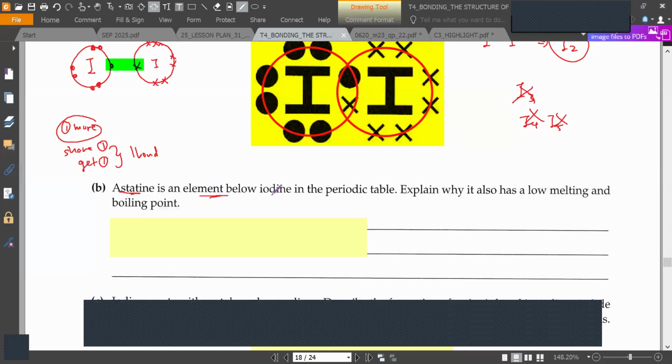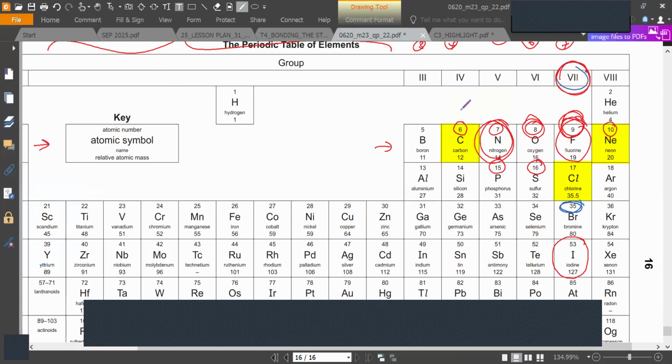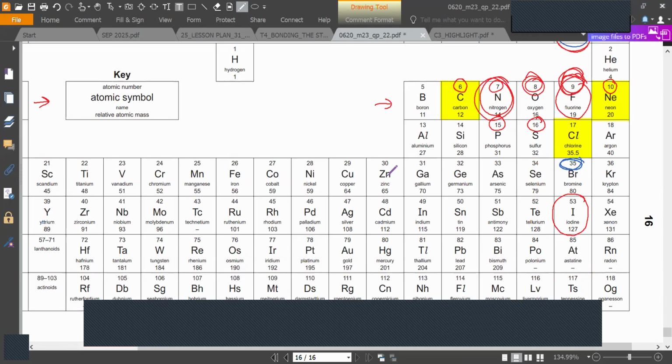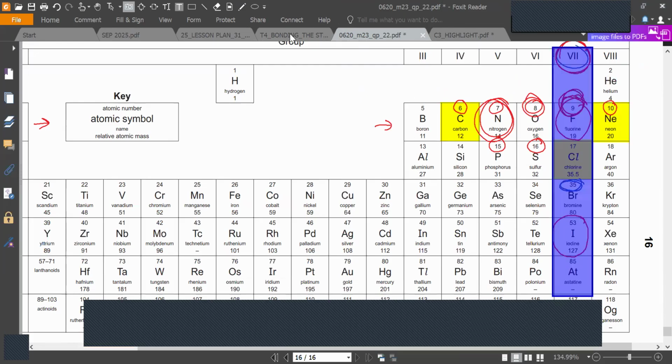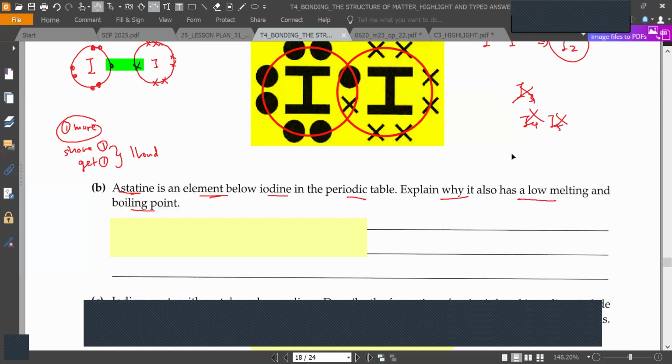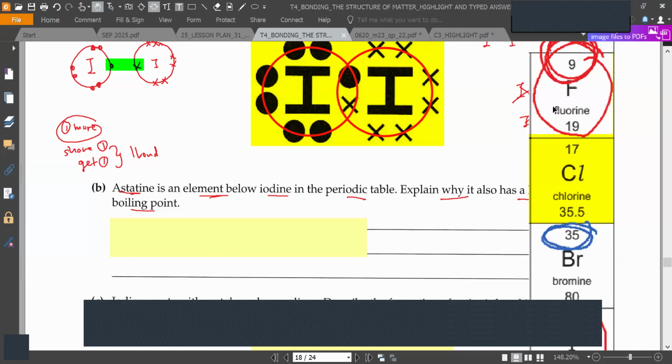Next, astatine. Astatine is the element below iodine in the periodic table. Explain why it also has a low melting and boiling point. So this is group 7.